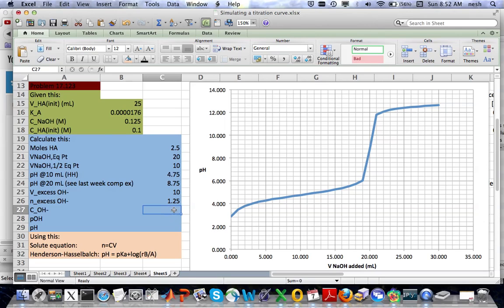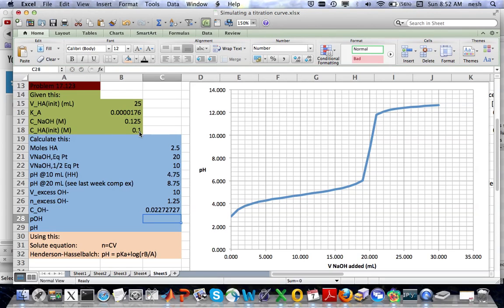So it's the excess moles divided by, let's think, how many mL we've added. We started with 25 mL, and we've added a total of 30 mL of titrant. That's the concentration of OH minus.